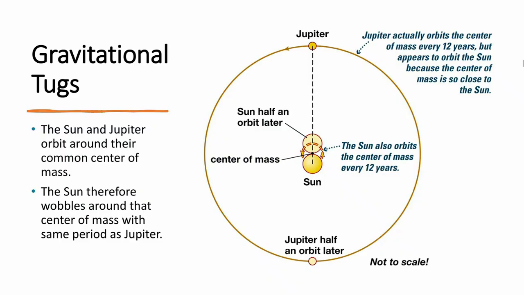And so if you were to be in some other solar system looking at the sun, then you would see it moving, and that's evidence that there are other masses in the solar system that are causing it to orbit this center of mass. And so we can use that technique to detect exoplanets around other stars.